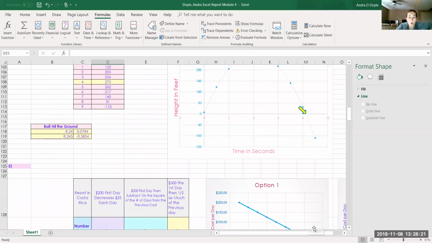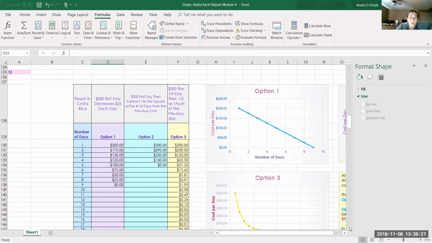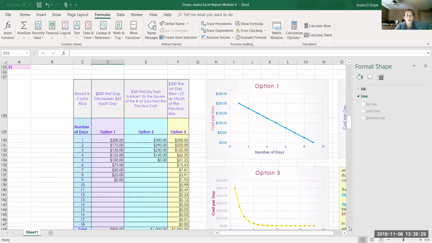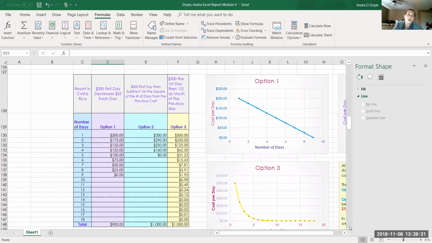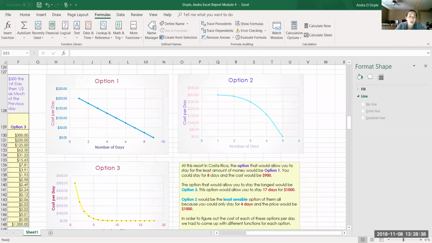Okay, and for number 5, this is the crazy mathematician guy who opened a resort in Costa Rica. We were to find the best option that would cost the least to stay, and the one where we could stay the longest. The option that would allow you to stay for the least amount of money would be option 1.